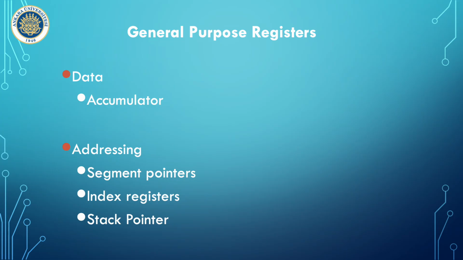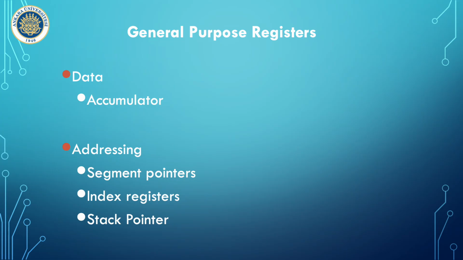In many architectures, general purpose registers are the main work area for computations. Some designs still include an accumulator register that is heavily used for arithmetic. Others include segment pointers and index registers, which help with more complex addressing modes such as arrays and structures.